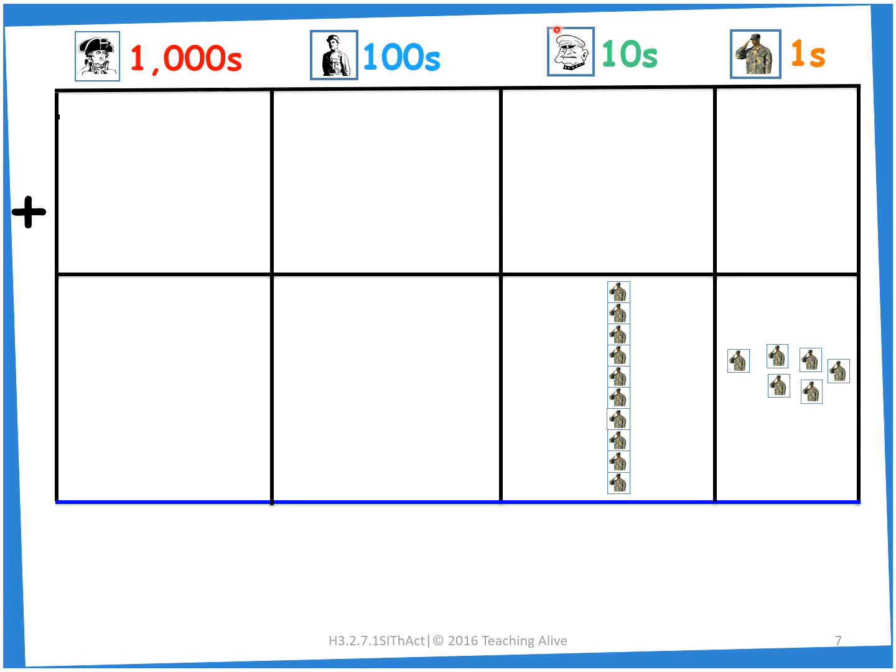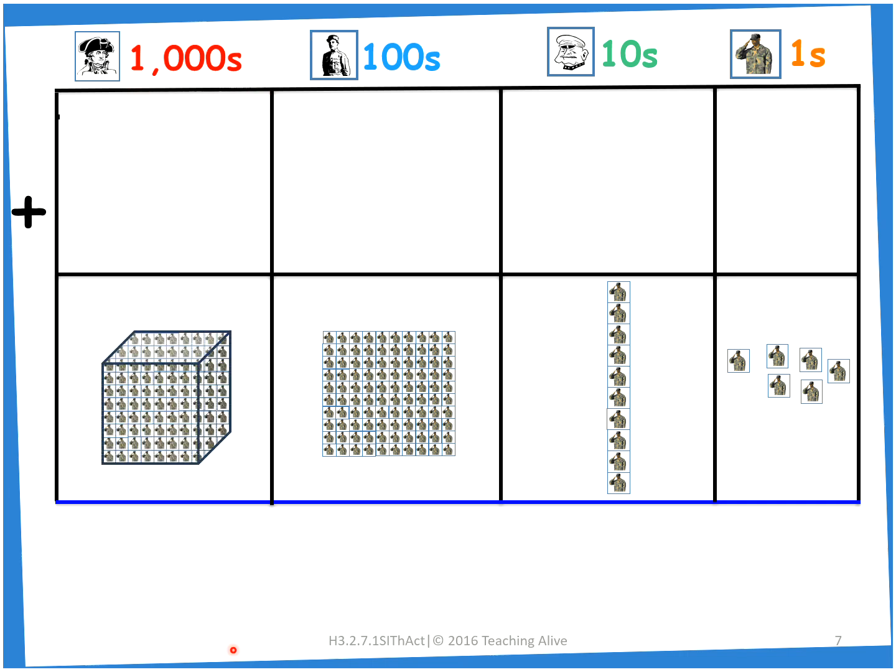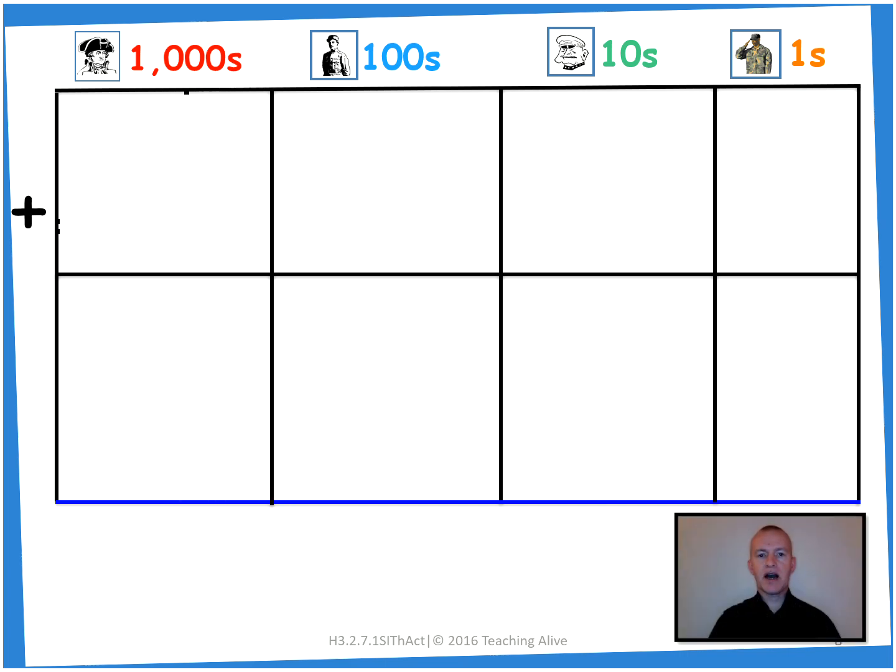And in our 100 column, under the command of our major 100, privates work in a team of 100. There's 1 team of 100. In our general 1,000s column, privates work in cubes of 1,000. You can see 1 cube of 1,000 there.